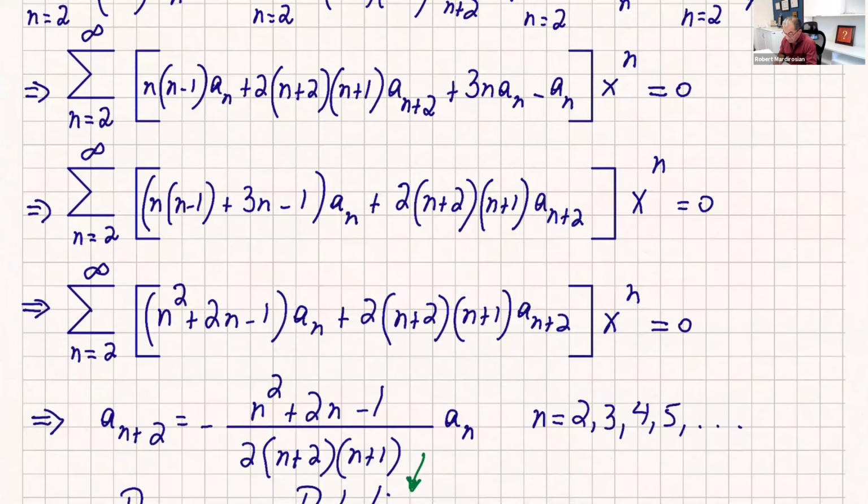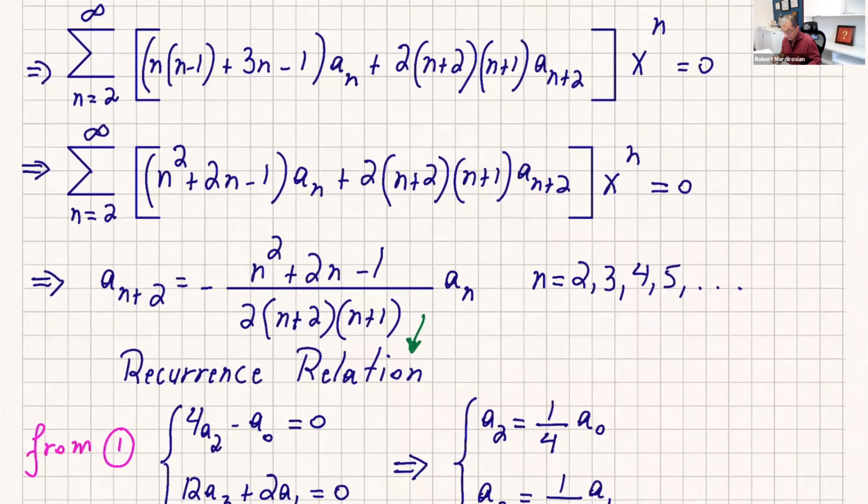Now if you simplify this, you have terms with a sub n, and you have terms with a sub n plus 2. So you can separate them, and the coefficient of a sub n is n squared plus 2n minus 1, and the coefficient of a sub n plus 2 is 2 times n plus 2 times n plus 1, times a sub n equals 0, and n starts from 2.